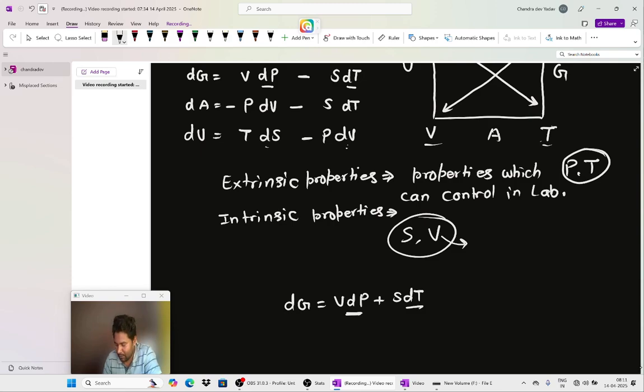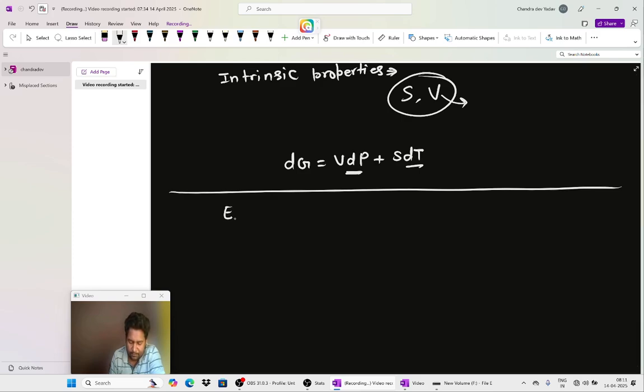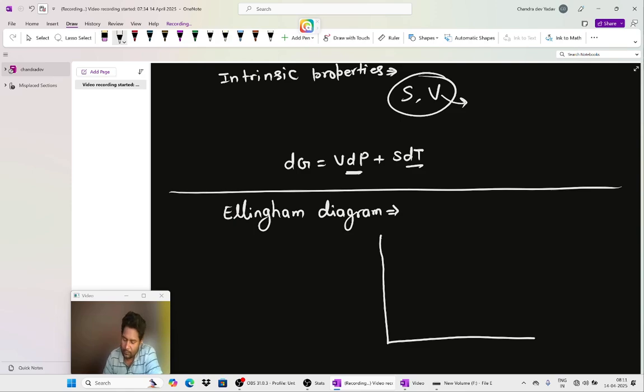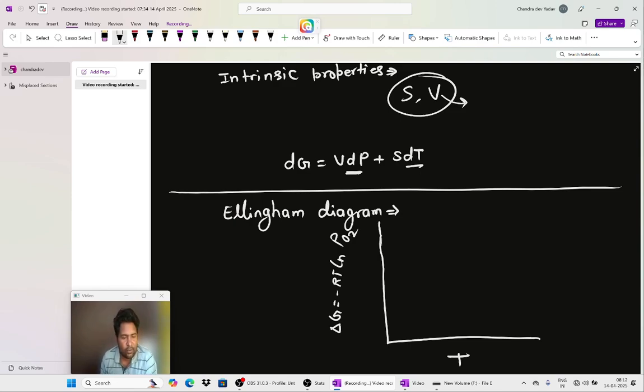And another point in metallurgy, we know the Ellingham diagram. It is a diagram between Gibbs free energy change, which is based on RT ln pressure of O2 gas, and temperature, which explains the feasibility of carbon reduction of metal oxide.